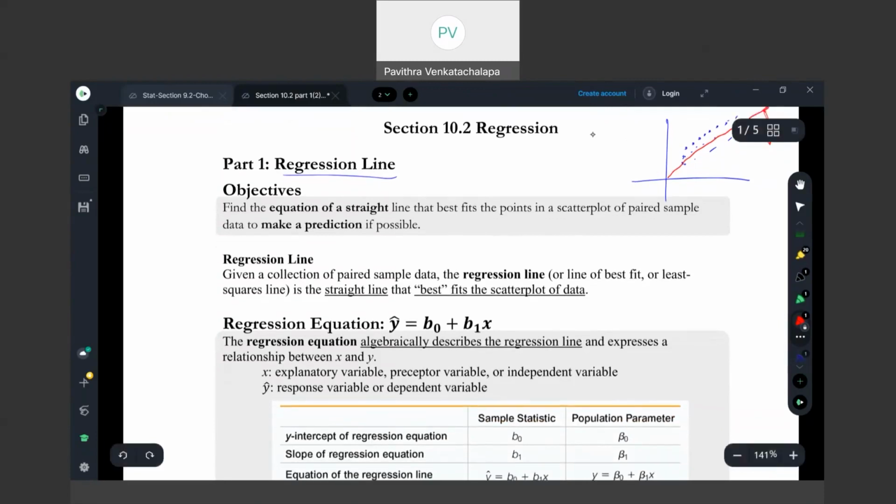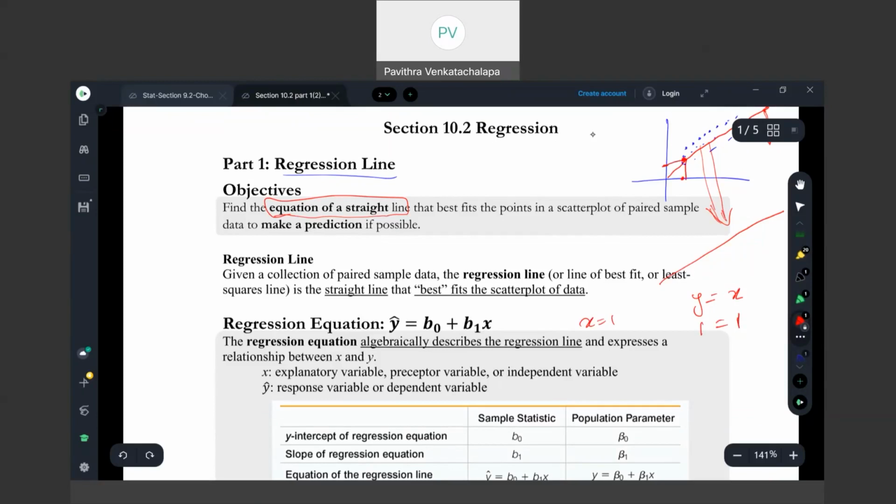So that is how the regression line is useful for us. In this section, we will find the equation of that straight line. When I want to plot a line like this, I must have an equation, for example, y equal to x. That means when x equals 1, y is also 1. So x is 1, y is 1, I get this point.